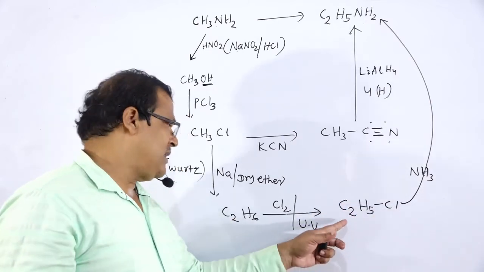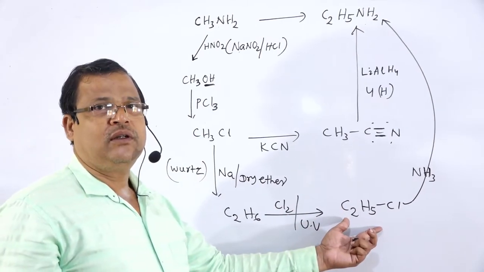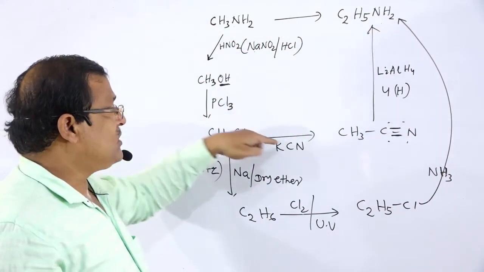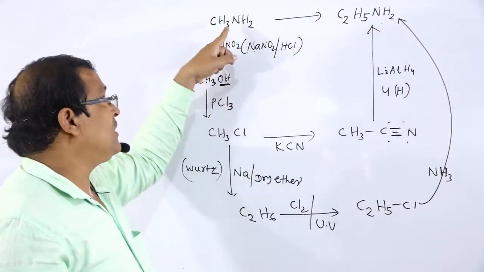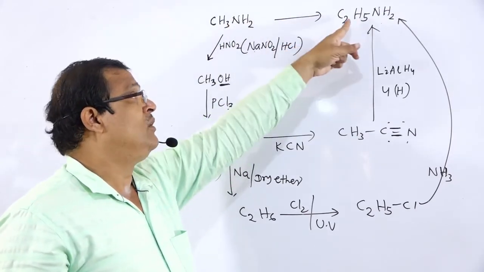If we regulate the concentration of chlorine, then this will be the product, and that will react with ammonia to form this one. But this is the most appropriate method for the preparation of ethylamine, for the conversion of methylamine to ethylamine.